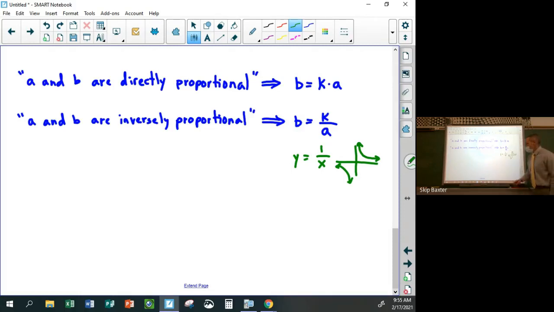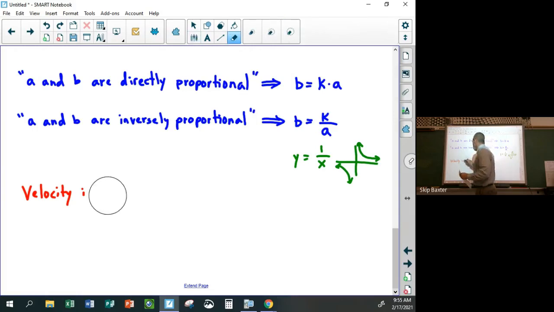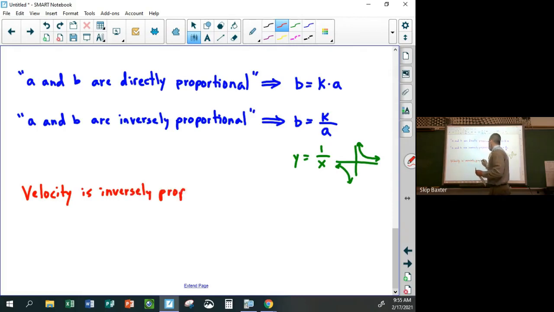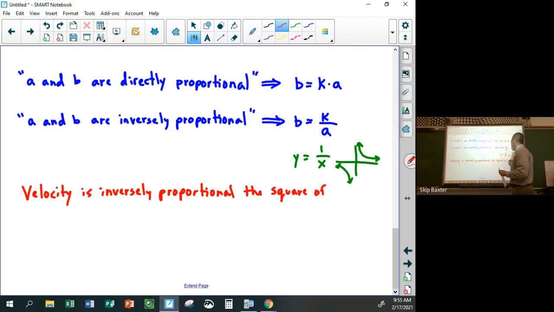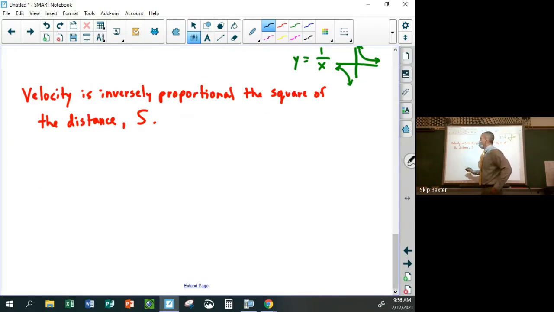Okay? So sometimes they'll say something like the velocity is inversely proportional to the square of the distance S. So translated into a differential equation, you would say ds/dt, that's the velocity, right?